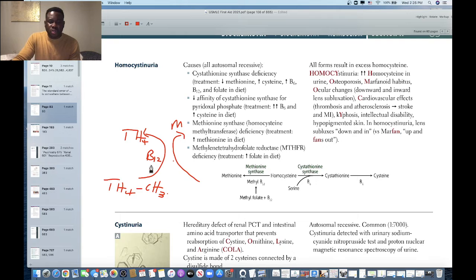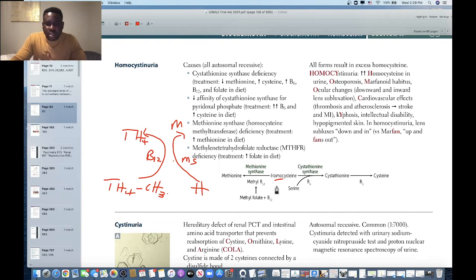So B12 will give the CH3 to homocysteine, this one, and to form methionine, right? And the enzyme that mediates this is called methionine synthase, MS, right?